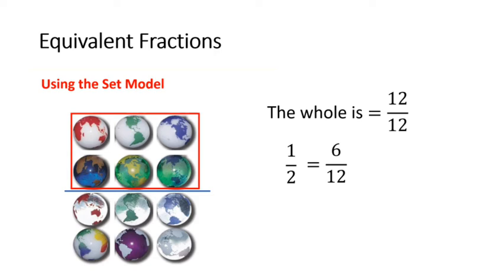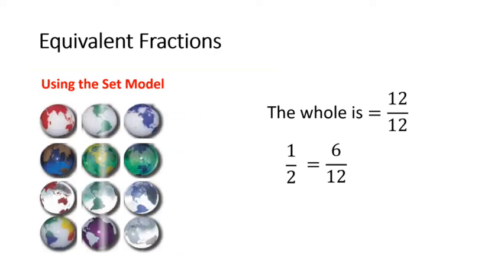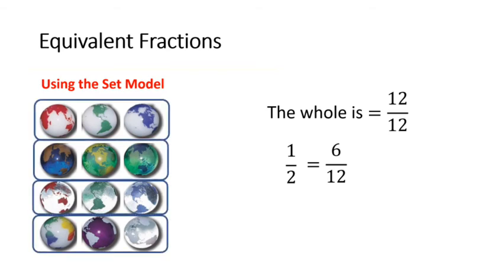But what if we were to evenly divide these set of marbles in another way, like this, so that we'd have 4 equal divisions of the same set of marbles? Then each one of these sets would represent a quarter. But if we were to look at the equivalent to a half, how many quarters can you see is equivalent to a half?